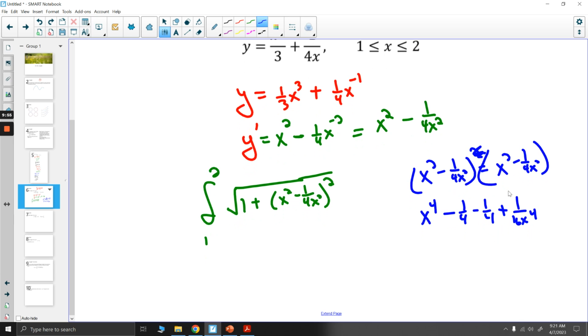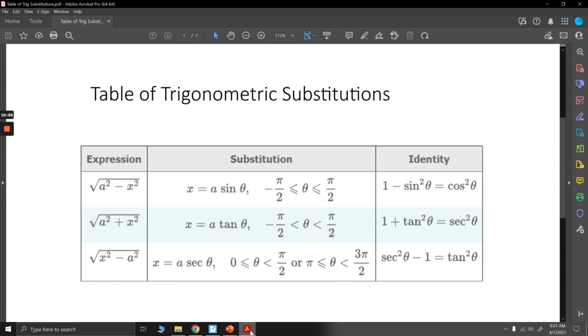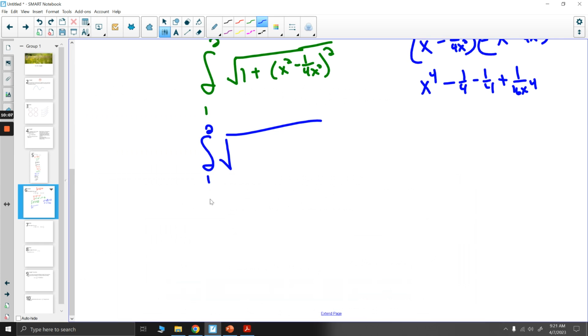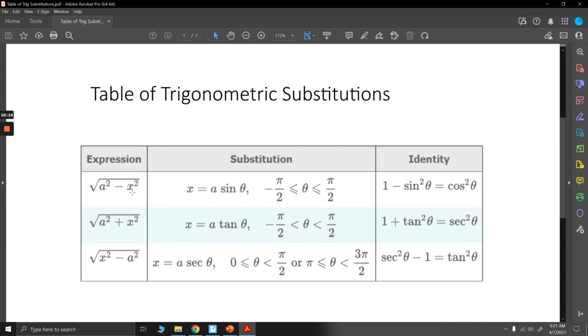Okay, so that means we have the integral from 1 to 2 of, so in these, if it's doable, we have, like I said, a few options. We have the table of trigonometric substitutions. This is not something we want to really deal with, this trig substitution necessarily. I mean, we could potentially do it because we have a squared and it's a plus, so it'd be something like this.